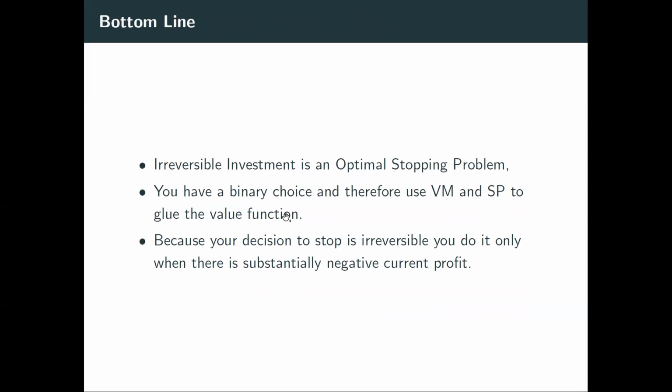So that's basically it. The bottom line for today is that irreversible investment is more like an operation research problem. In English terminology, you have this area in science, which is operation research, which studies practical problems of economics in terms of math. And here, what is particular about it, it's an optimal stopping problem, right?